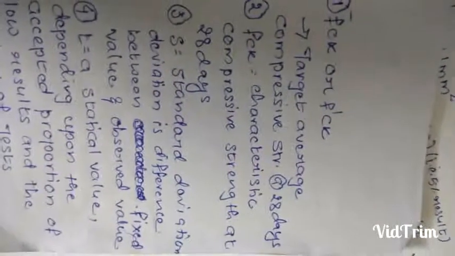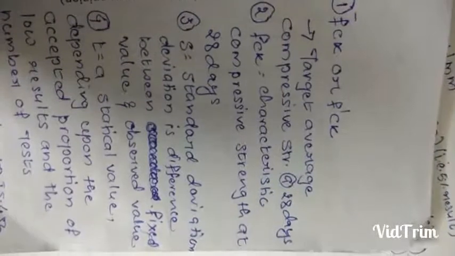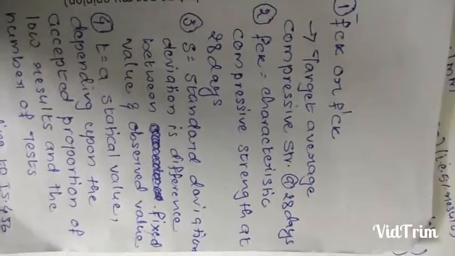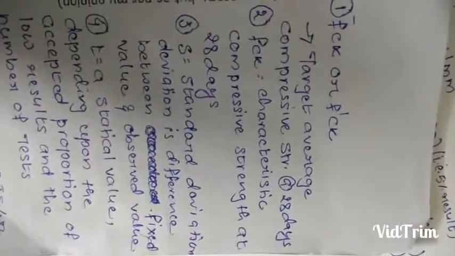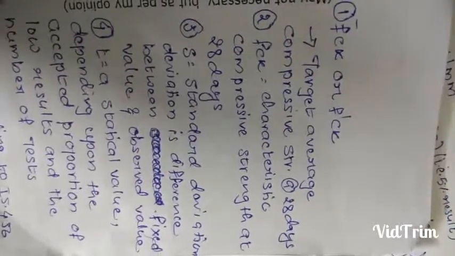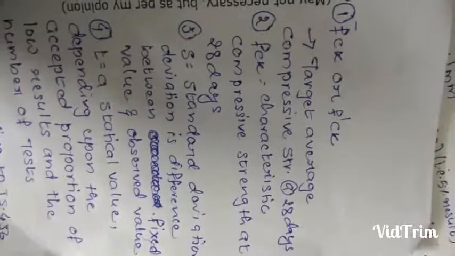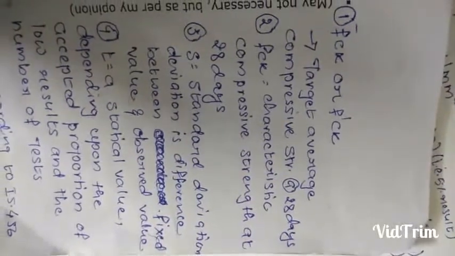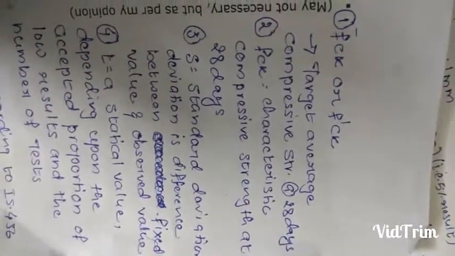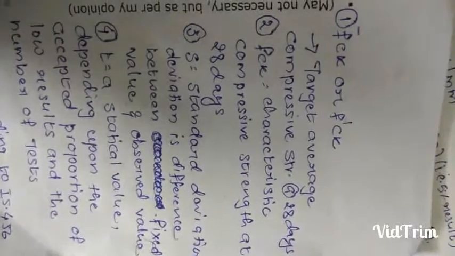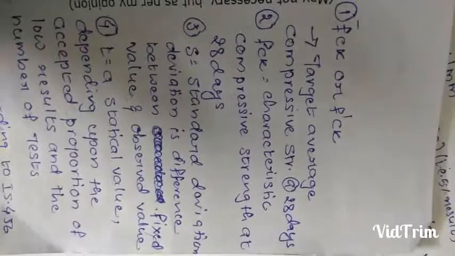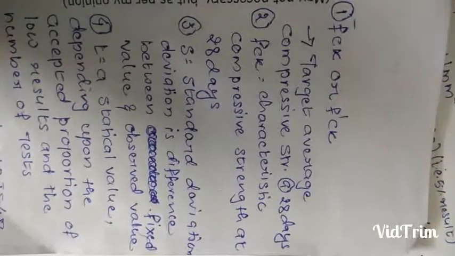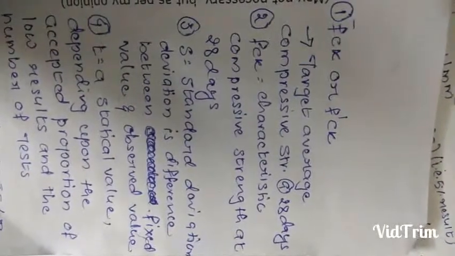I'll give you all the explanation with page number and clause number, to support you in making a mix design of a particular grade, right? S is the standard deviation. What is deviation?